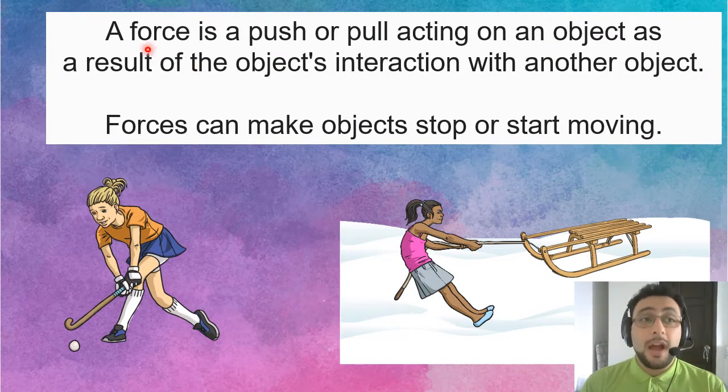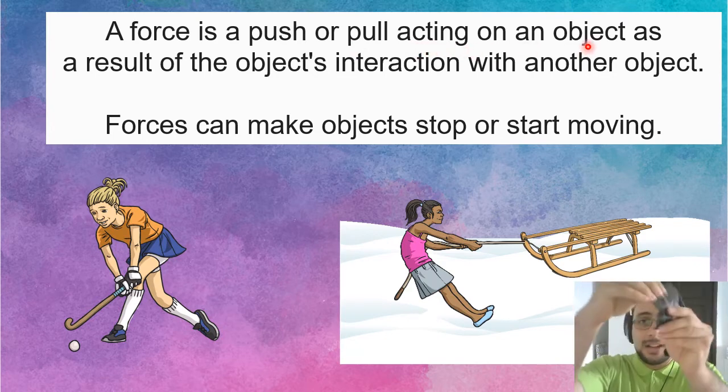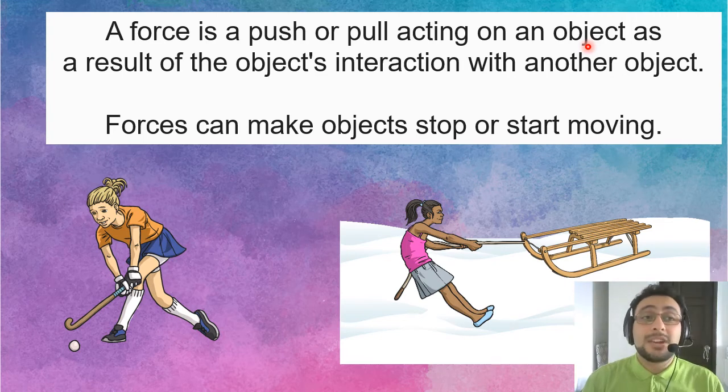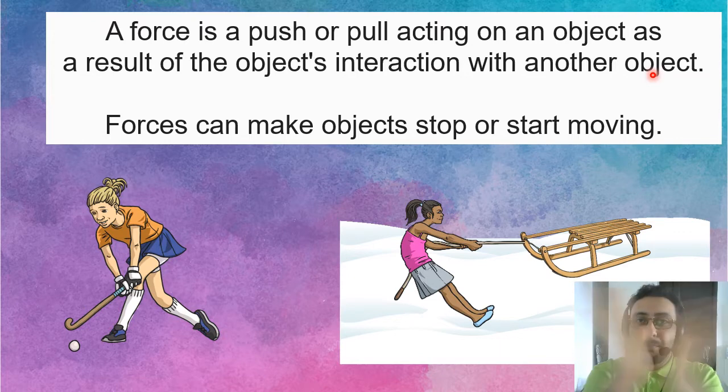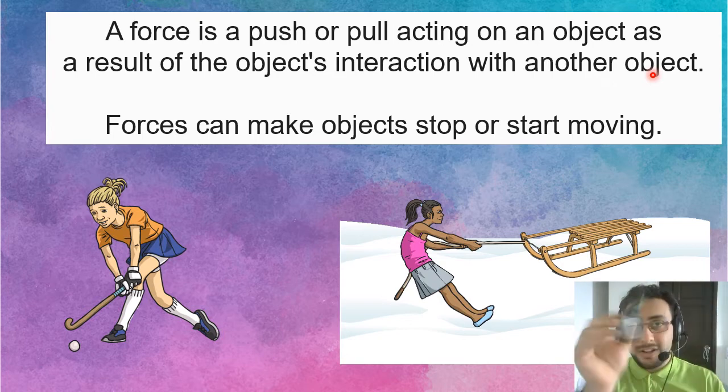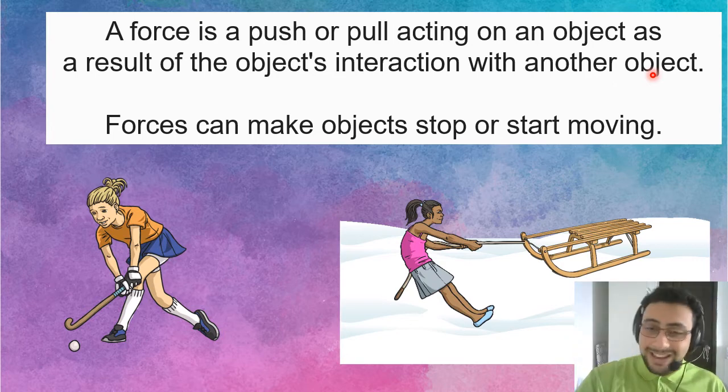So, a force is a push or pull acting on an object. An object, for example, this. This is an object, right? As a result of the object's interaction with another object. For example, my hand and this. Boop. This is a force. You see, I am doing something to this little candy.